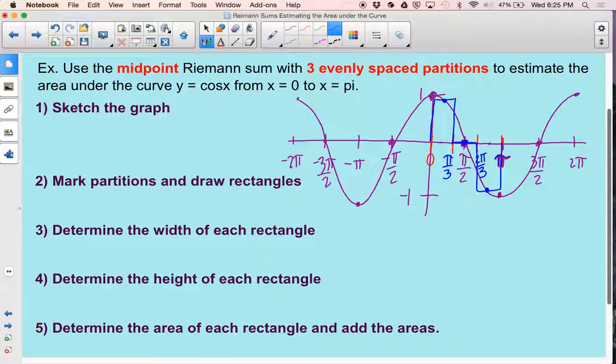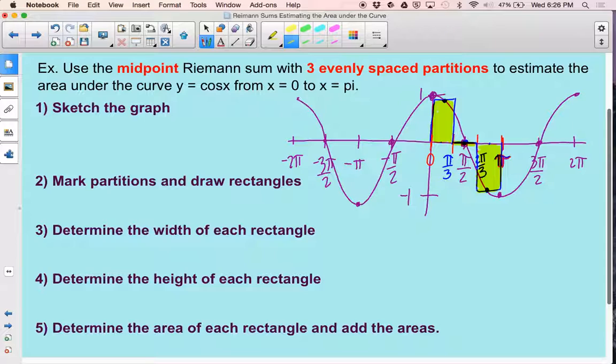over and up. Okay, so let me try and make this a little bit clearer. Here's one rectangle. The other rectangle is actually on the x-axis. And then my second rectangle, or my third rectangle, sorry, is over here. So if you look at those, we've got one above, one below, one in the middle that actually doesn't have any area.